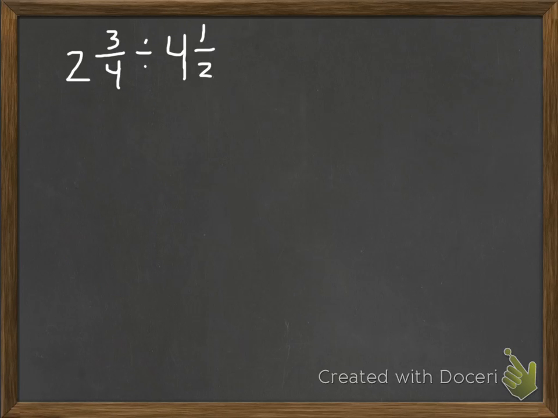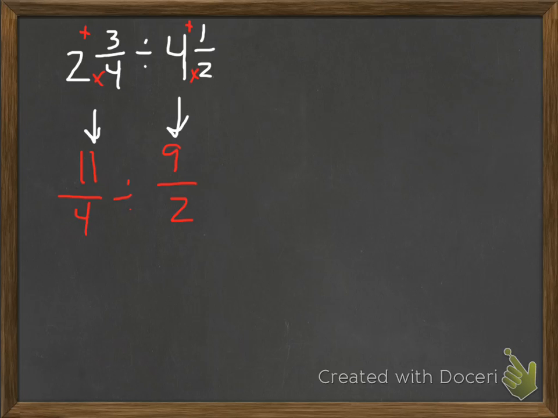So here we go. We have two mixed numbers. 2 3/4 divided by 4.5. So step 1 is to change both of those into an improper fraction. 4 times 2 is 8. 8 plus 3 is 11 over 4. 2 times 4 is 8, plus 1 is 9 over 2.